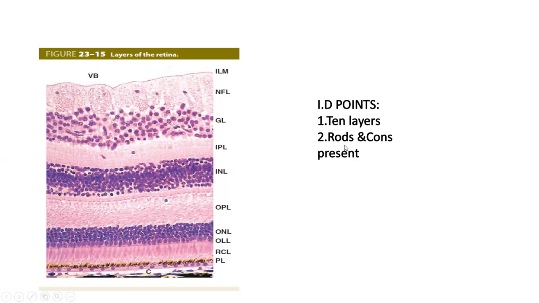Number two is the presence of rods and cones. Next to the pigment epithelium on the outer side there is a layer of rods and cones, and next there are the cell bodies or nuclei of the rods and cones in the outer nuclear layer. So these are the identification points of the retina.